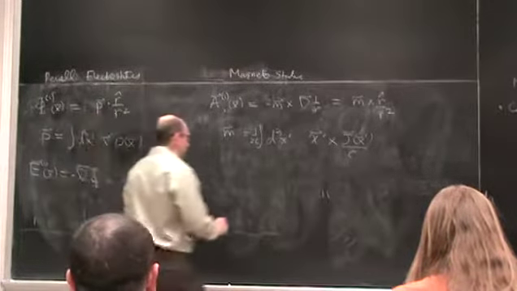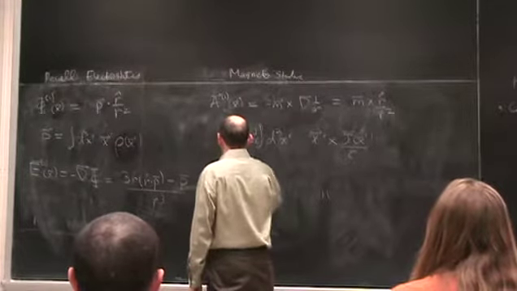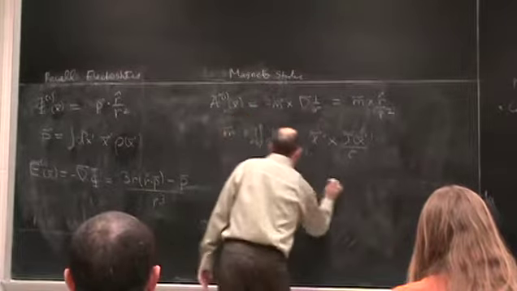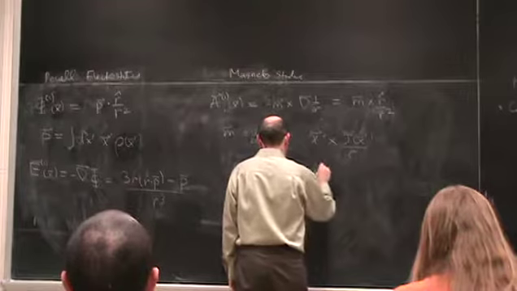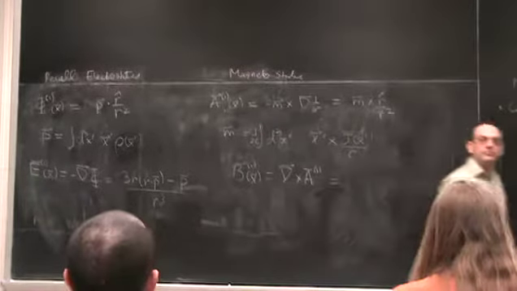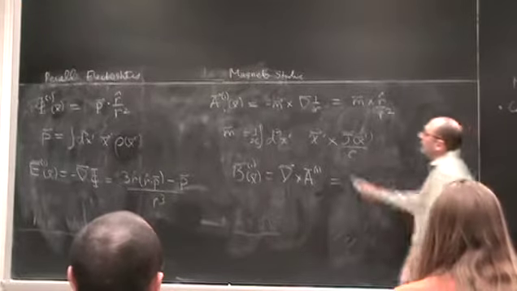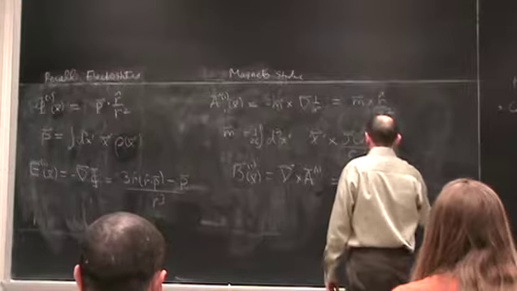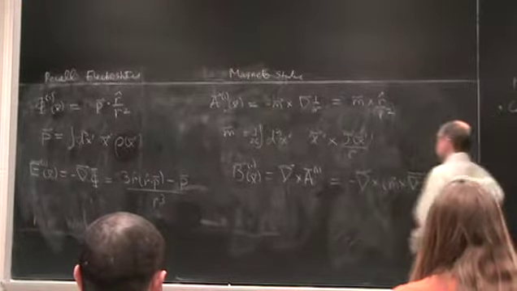And the magnetic field, in this case, is the curl of A. Let me write this out as minus the curl of m cross the grad of 1/r.